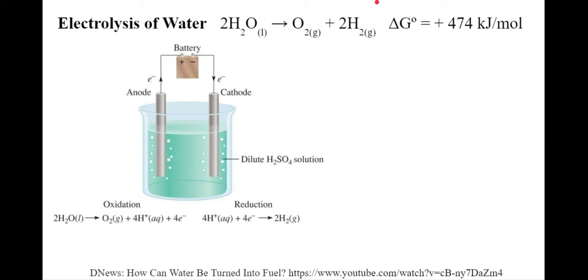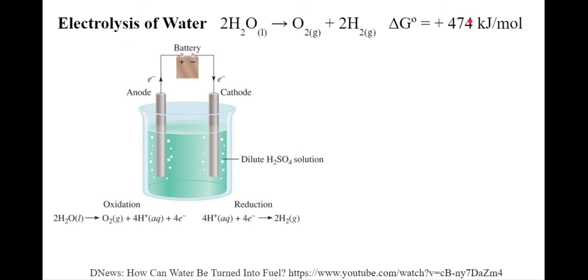Again, with water, you would not expect this reaction to happen. Water forming oxygen and hydrogen. Again, the standard free energy is 474 kilojoules. So what that tells us is you need to put in that much energy to be able to get this to happen.